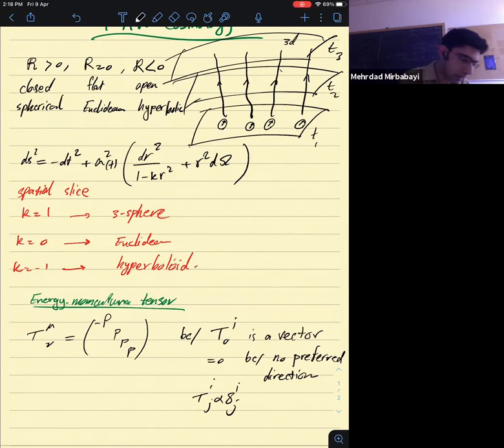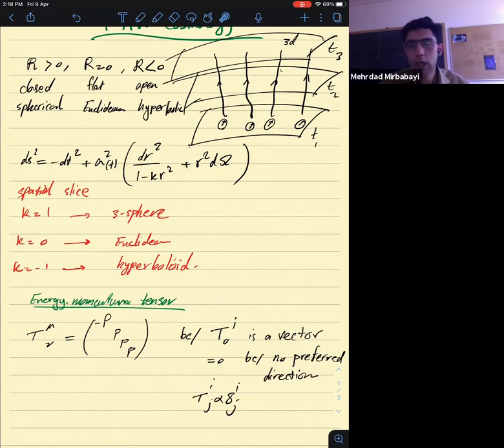And then the constants of proportionality: for the spatial part it is p, and for T00 it is minus rho. Of course, this is what the stress energy tensor of a perfect fluid looks like. So these names rho and p are given in analogy with the energy density and pressure of a perfect fluid.